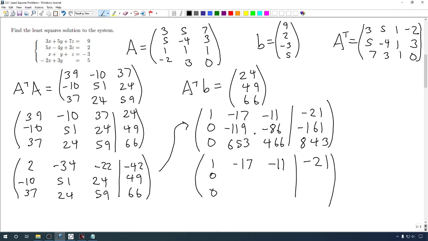So 119 goes into 653 5 times with some remainder, and we're going to take 5 times the second row and add it to the third row. That's going to leave our second row alone, but 5 times that row added to the third row will leave us with a 58 here, so a much smaller number, a 36 here, and a 38 here. So not too bad.